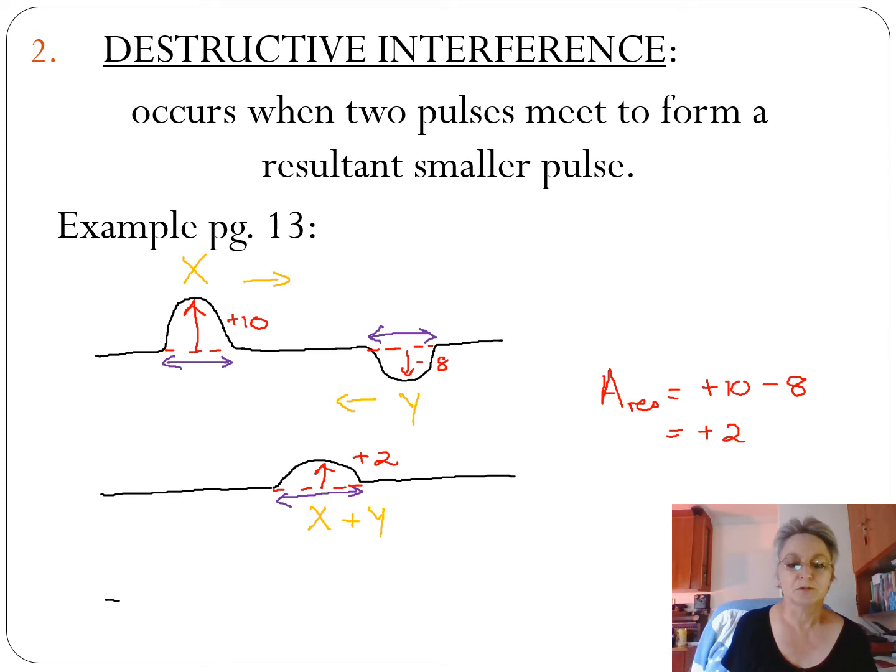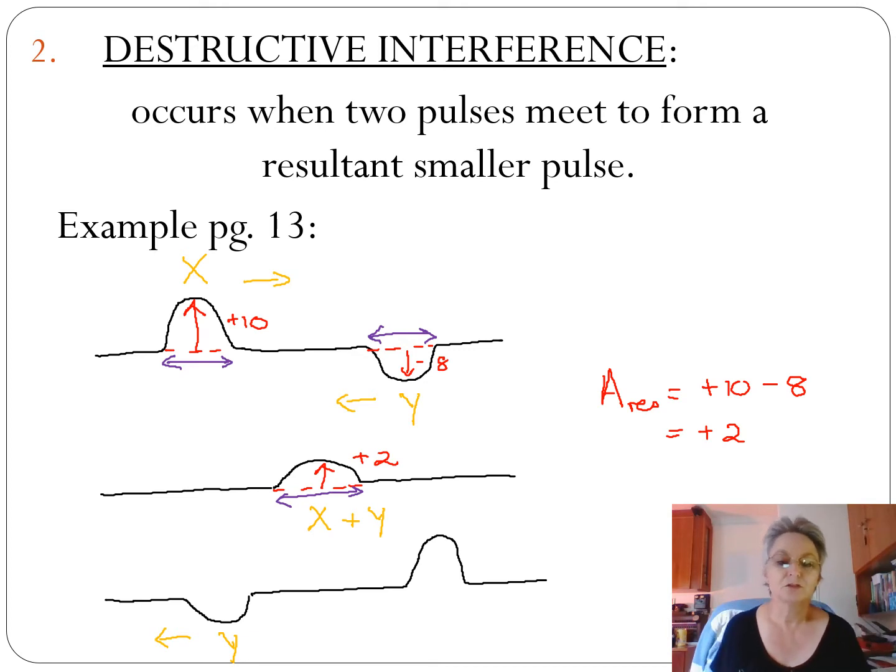After superpositioning, pulse Y will be on the left-hand side and pulse X would be on the right-hand side. So pulse Y would carry on moving to the left without changing, and pulse X would carry on moving to the right without changing. What does that mean?